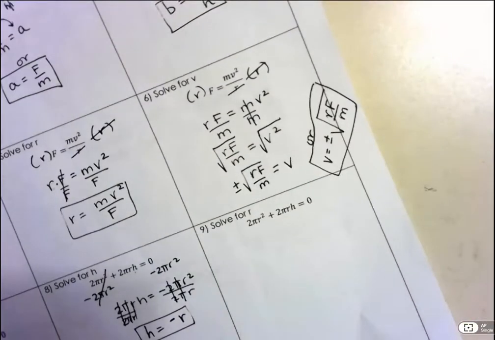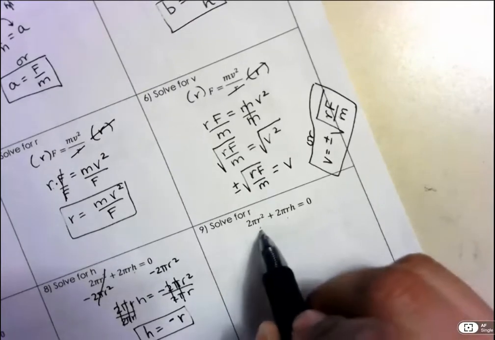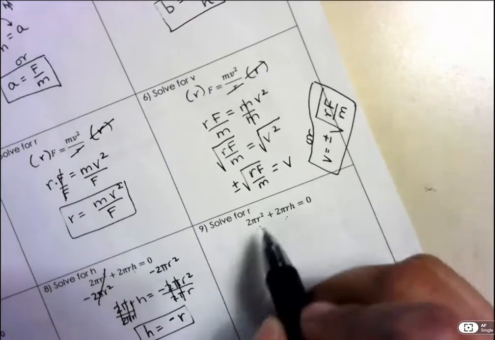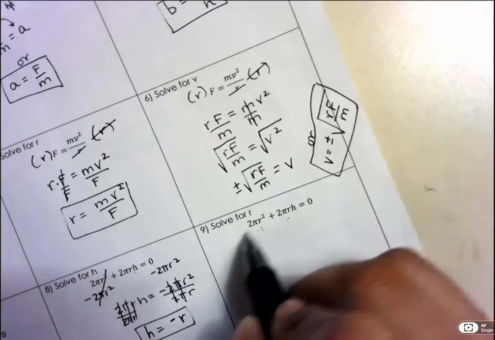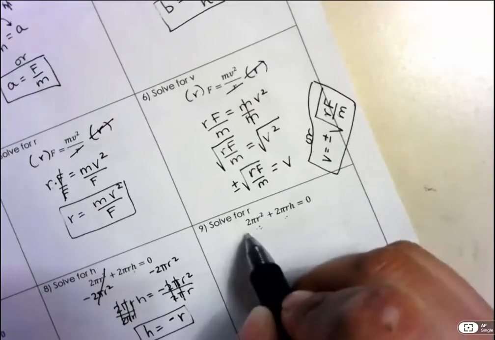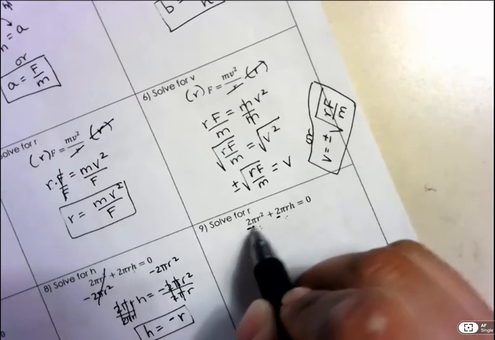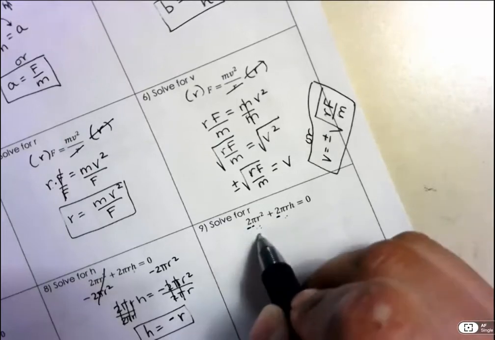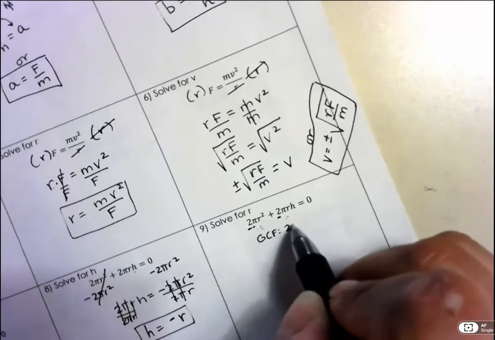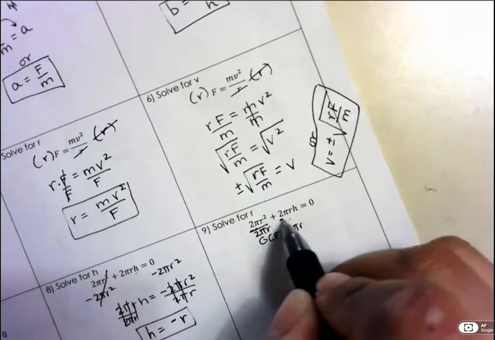Now in this case, you want to solve for r. You have r here, but you also have r over here. Now that you have r in both terms and they're all on the same side, we want to factor out the r. And I guess we can factor out a 2, a pi, and an r, because the GCF is 2 pi r. So you divide each of them by 2 pi r.